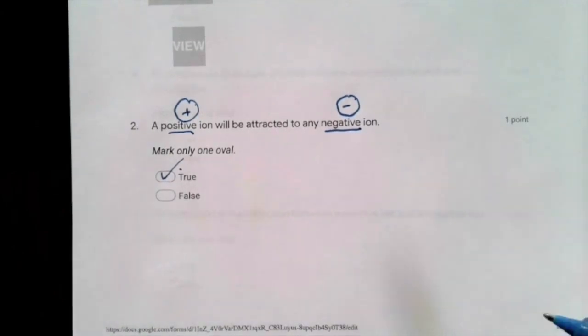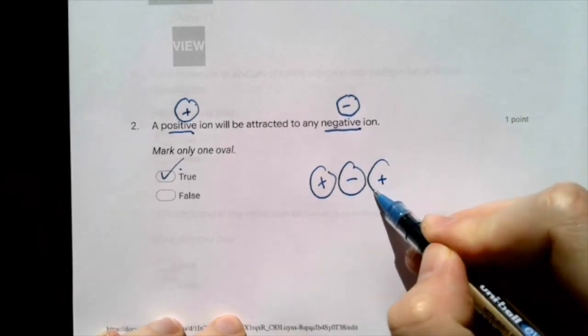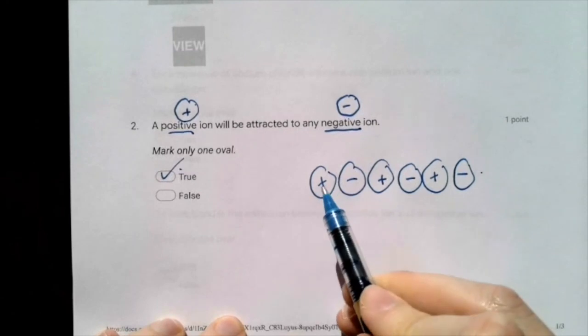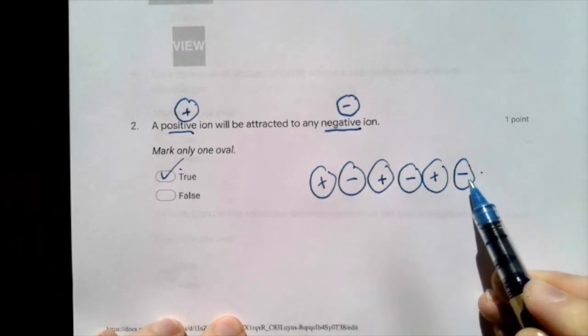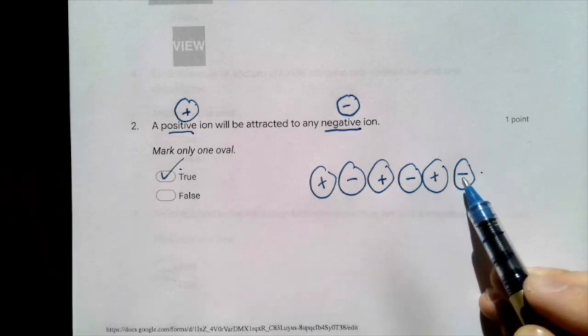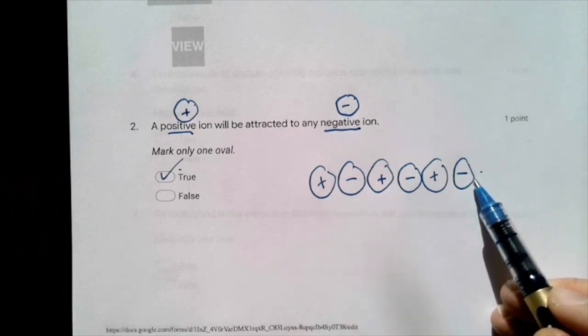Now you might be thinking, if I've got a positive ion, a negative ion, a positive ion, a negative ion, is this positive ion attracted to this negative ion? And the answer is yes, because they're oppositely charged. It doesn't matter that there's 4 other ions in between them. Because they're oppositely charged, they are attracted to each other.